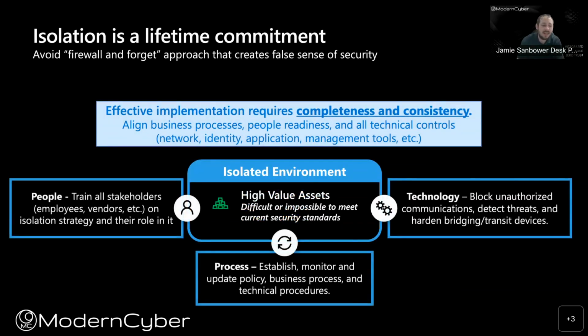Now, one thing that we haven't talked about as much is this has a pretty dramatic impact on operations. Isolation and segmentation is a lifetime commitment, especially as it relates to least privilege policy. You need to avoid that firewall and forget approach that creates a false sense of security.